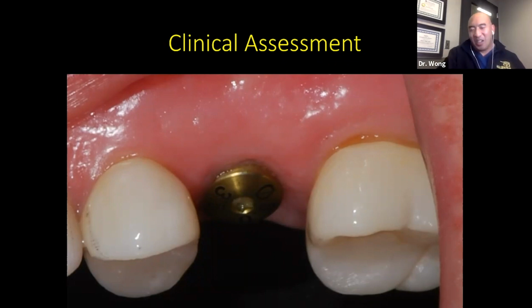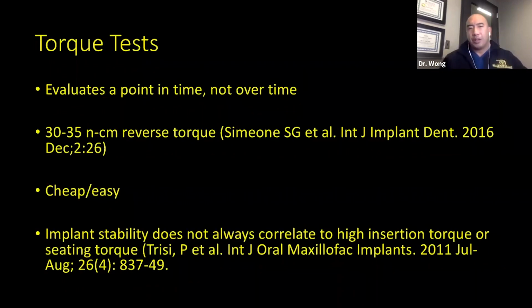On the other hand, every now and then you get an implant that you torque out on delivery or at the final impression. So the two proven ways are the torque test and the resonance frequency analysis. The torque test evaluates a point in time.